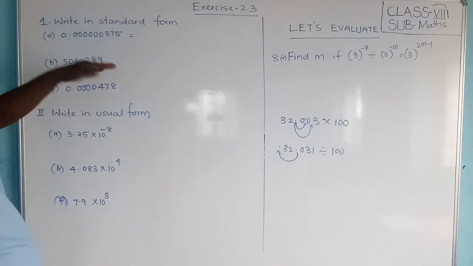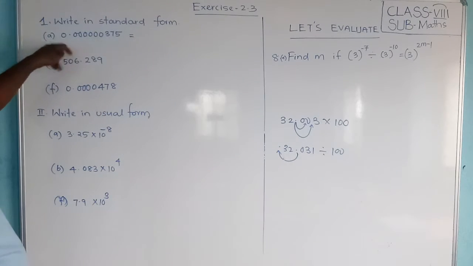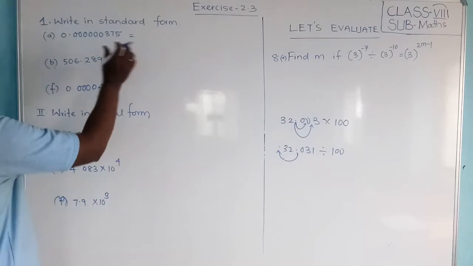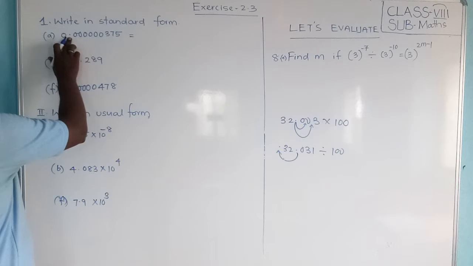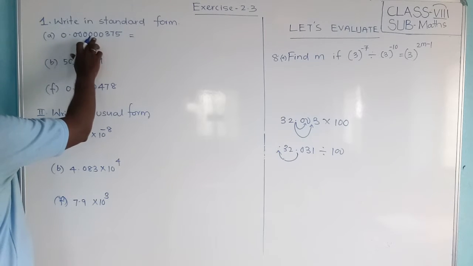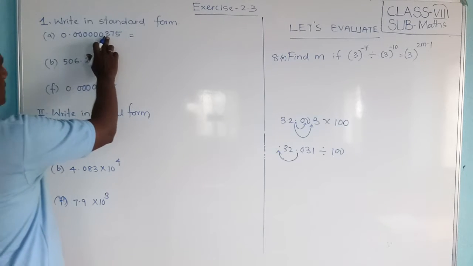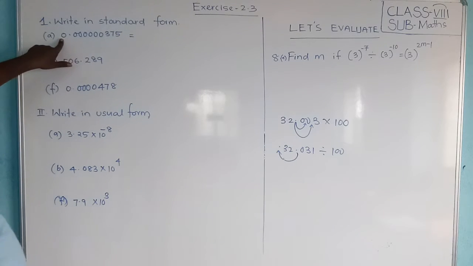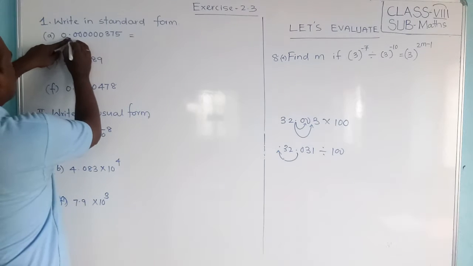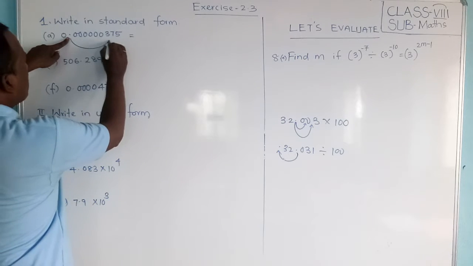Observe, friends: in standard form, there is a large number and we have to represent it as a small number like this. So see, 0.000375. Here before the decimal place only 0 is there, so we don't want it. We have to bring this decimal point up to here.